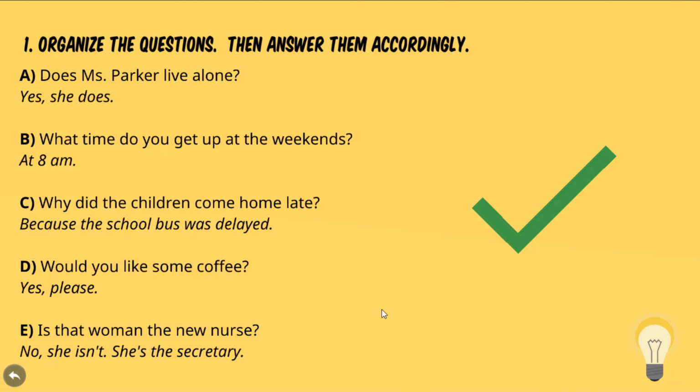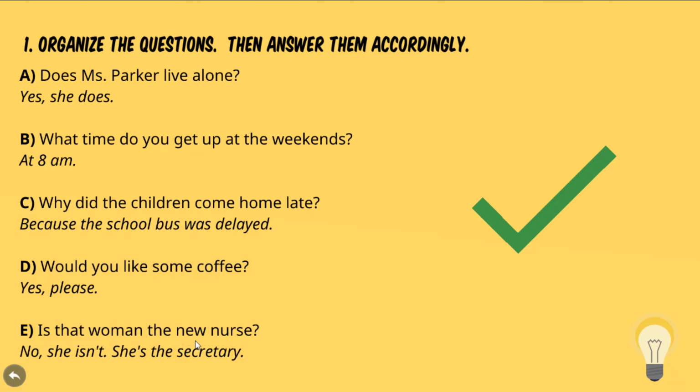En la siguiente tenemos, would you like some coffee? Yes, please. Esto es un ofrecimiento con would, que si le gustaría algo de café, es más sencillo, pero seguimos el mismo patrón. Would, auxiliar, persona, verbo y complemento. In E says, is that woman the new nurse? Yes, es el auxiliar.